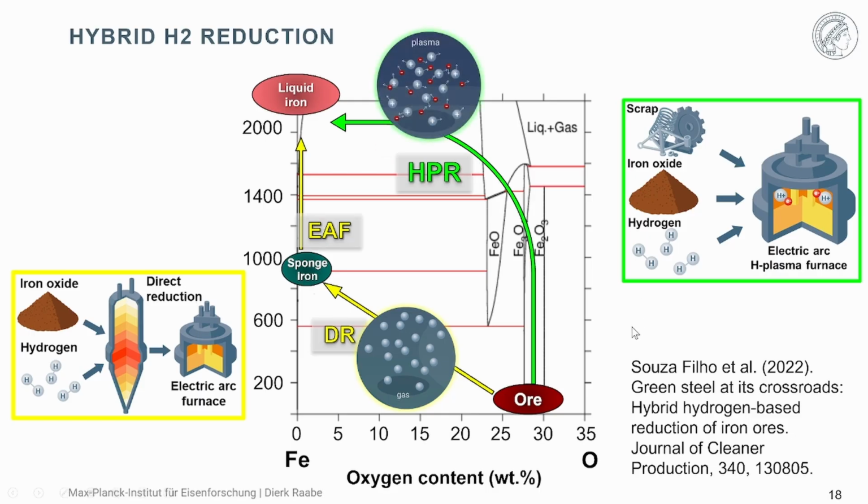But we studied also hybrid or crossover methods, where we say we can combine the efficiencies of the two processes, of the two reactor techniques, by saying let's do the first step in large reactors to do direct reduction, as you see on the left-hand side, typically in a Midrex furnace, and then stop the reduction in between, particularly in the solid state, the wüstite state, where the reduction becomes very sluggish, very slow, and stop this partially reduced iron sponge, which consists of wüstite and iron, and charge this, for instance, into a plasma furnace to do the final reduction very efficiently and with a very high electrification degree.